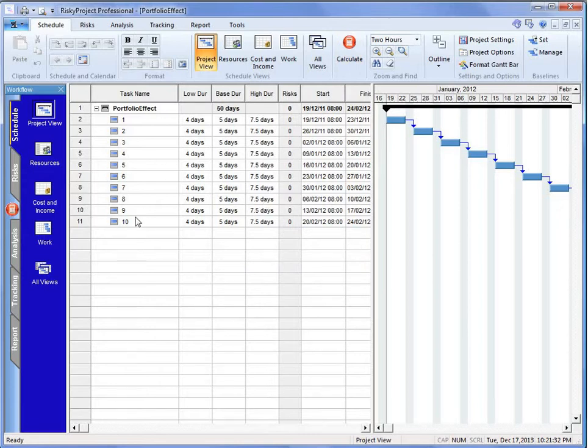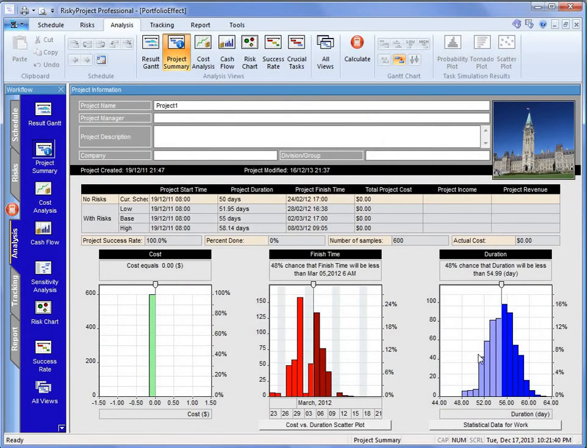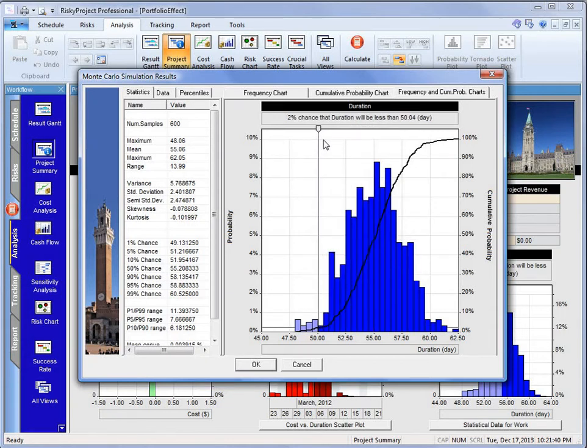Now, what we'll see in the analysis, we'll look at the project summary, is that our original estimate was 50 days. And it shows here that we have about a 2% chance that we'll meet that original estimate.